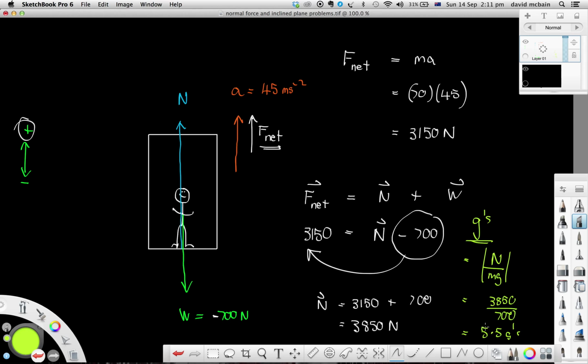That's space shuttle acceleration territory there, or hardcore fighter pilot maneuvers, acrobatics. So it's a pretty substantial G rating there.